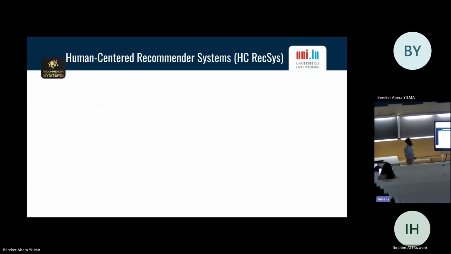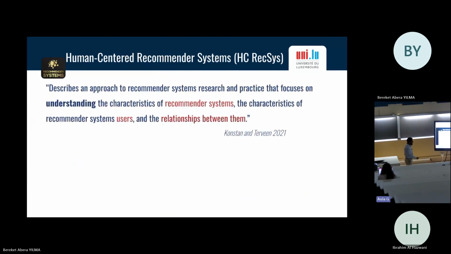So what do we think about human-centered recommender systems? According to a definition by Konstan and Terveen, human centricity describes an approach to recommender systems which evaluates or tries to understand the characteristics of the user and the characteristics of the recommender system and their interaction.